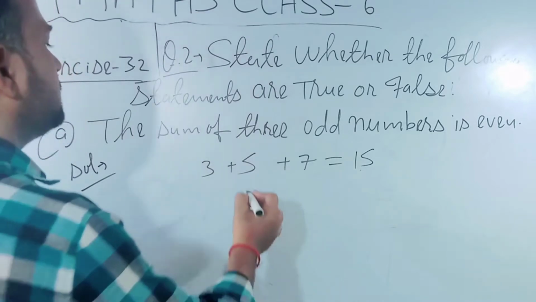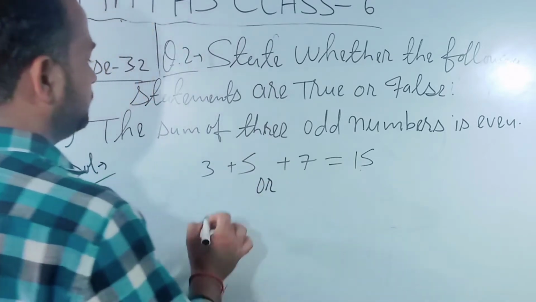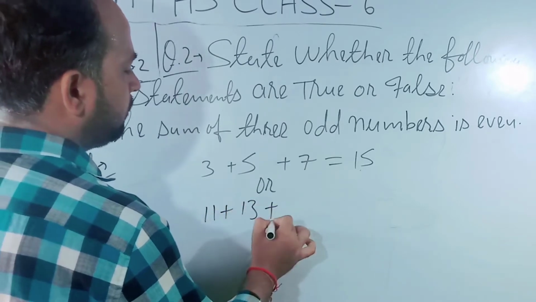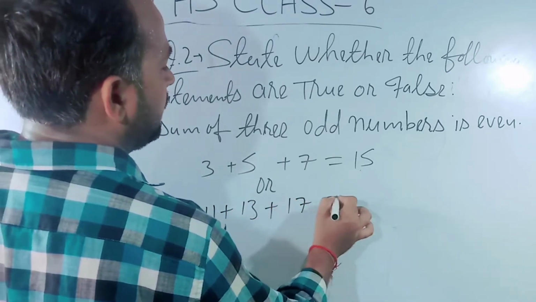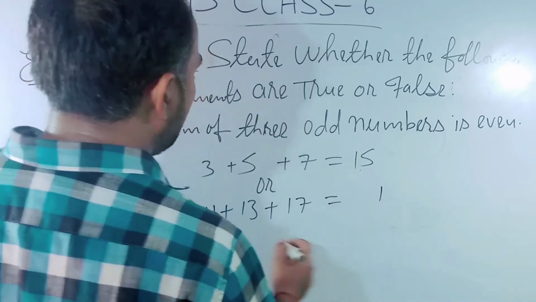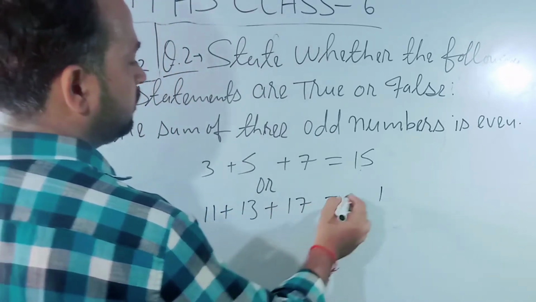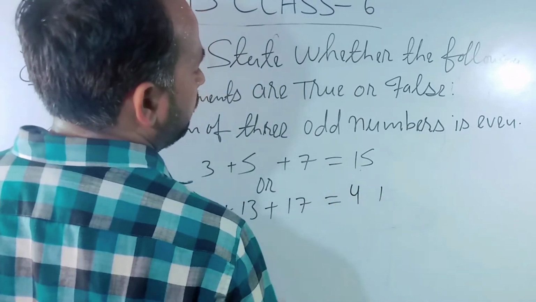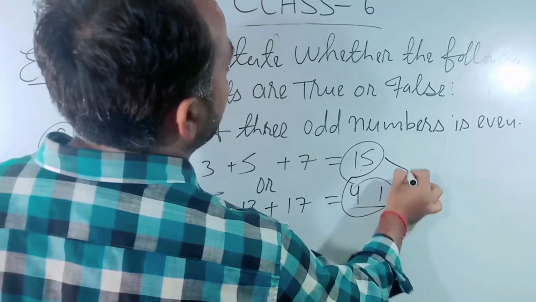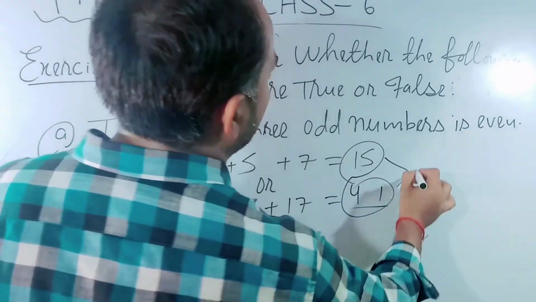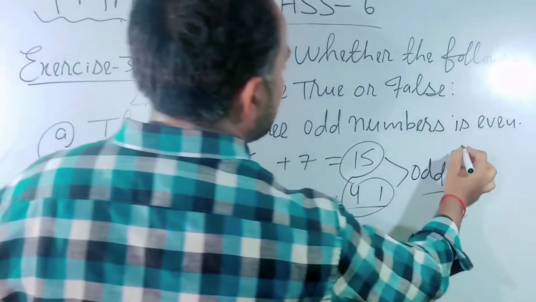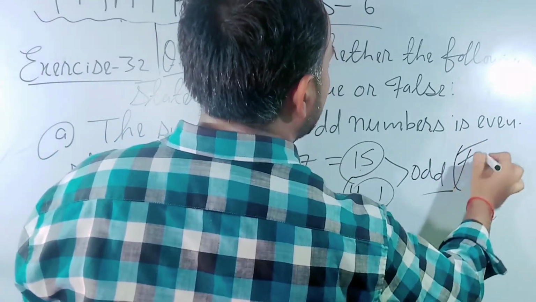One more example: 11 plus 13 plus 17. Add it: 1 plus 3 is 4, 4 plus 7 is 11... 41. 41 is an odd number. So in each case we are getting an odd number, not an even number. So this statement is false.